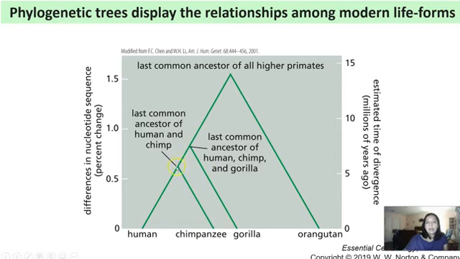And you can find that the last common ancestor of human and chimps was a lot more recent than orangutans, for example, which was a lot more time ago, nearly 15 million years ago versus only 5 million years ago. And looking at the DNA sequence changes, you can see that this is just a little bit over 0.5% different in the DNA sequence.